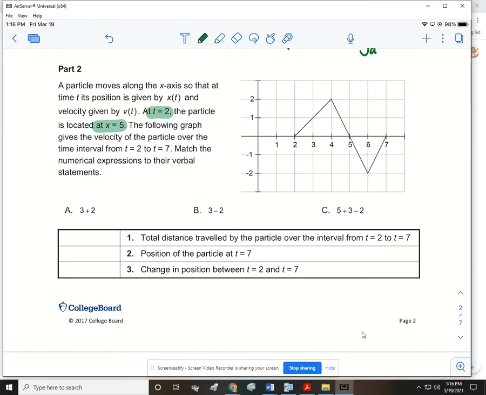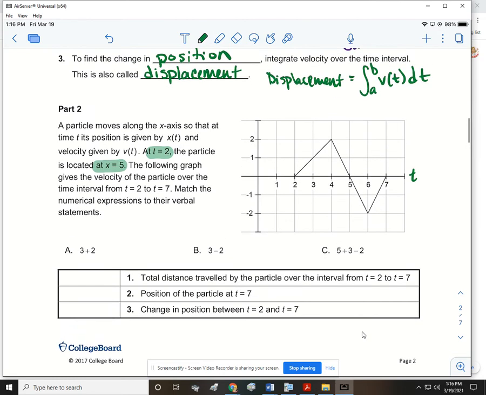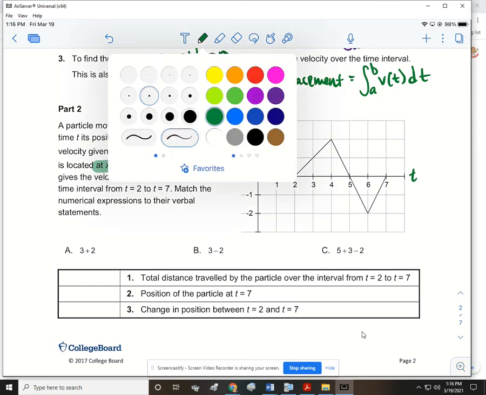The following graph gives the velocity of the particle over the time from t equals 2 to 7. We're going to match the numerical expressions to their verbal statements. Now, one thing I wish was on here is that the horizontal axis is t and the vertical axis is v of t. It tells you that in the words, it just doesn't have it on there.